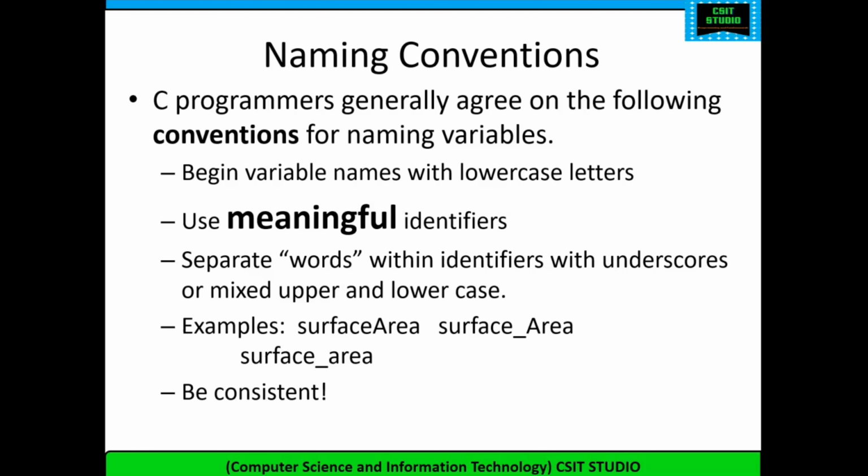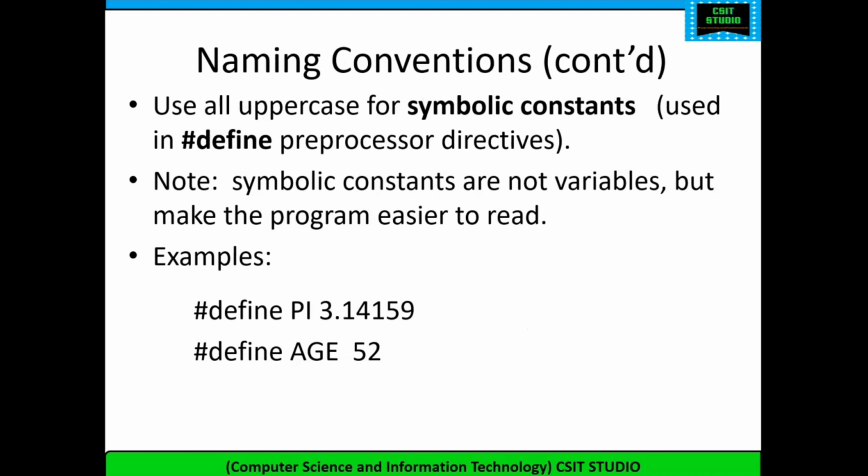And generally, a variable name should be meaningful, and for multiple words, we prefer to join them with a change of case or use of underscore. Like for surface area, we can have 3 different conventions, but whatever you follow, be consistent with that. This is another preprocessor directive, hash define, where we define a named constant or symbolic constant.